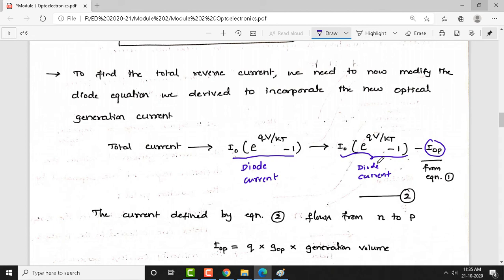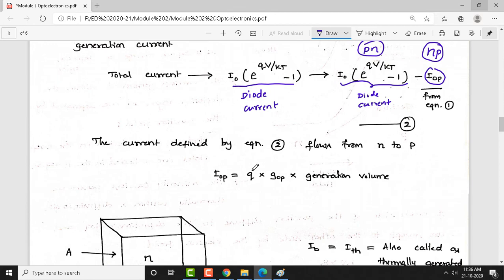Which direction is the diode current flowing? It is from P to N. And what about the optical current? It is from N to P. So, the directions are totally opposite. That is why you are seeing the negative sign here. The basic diode current we have modified with this. This is the total current flowing in the PN junction due to the photons' interaction.